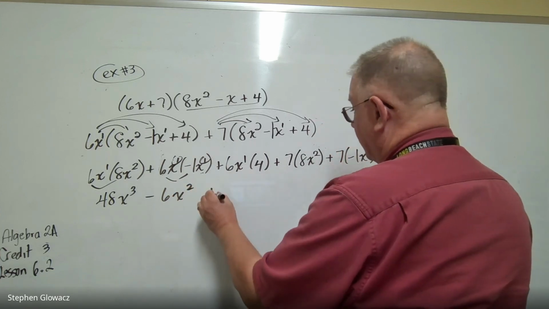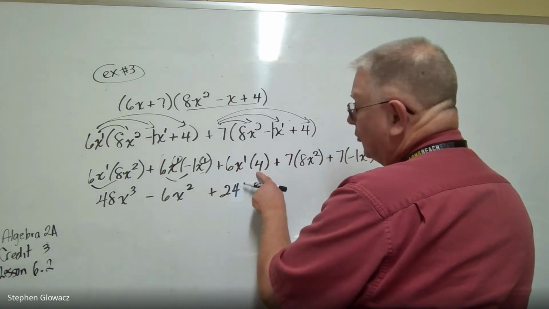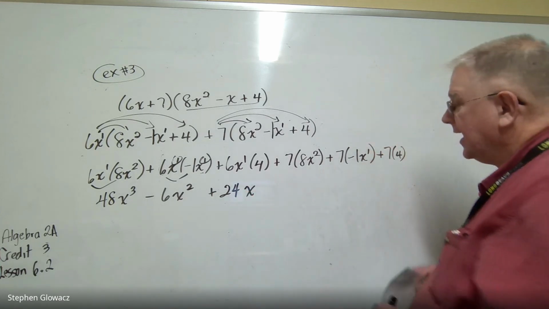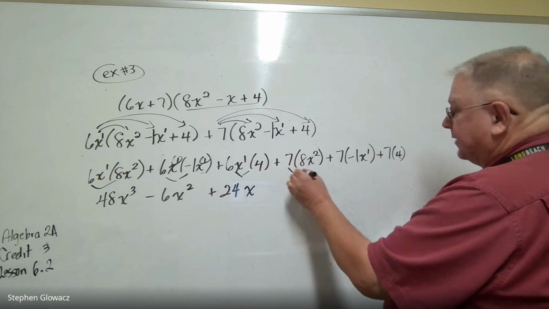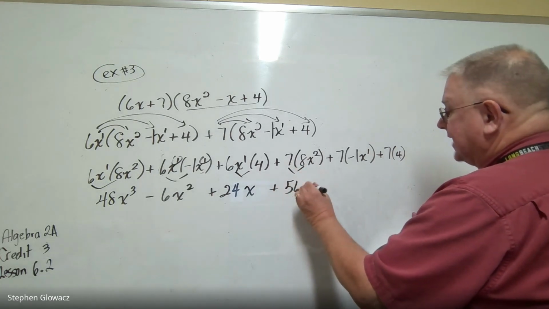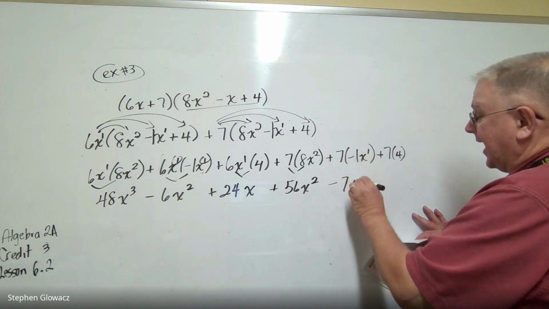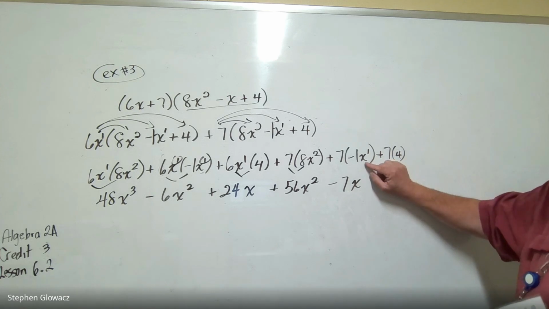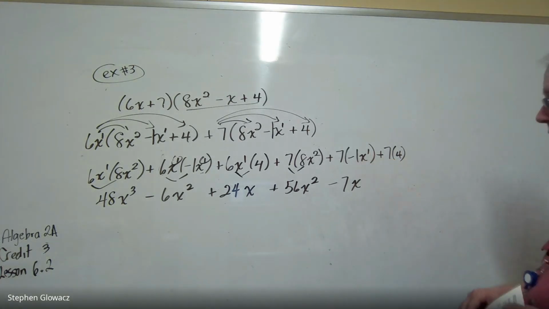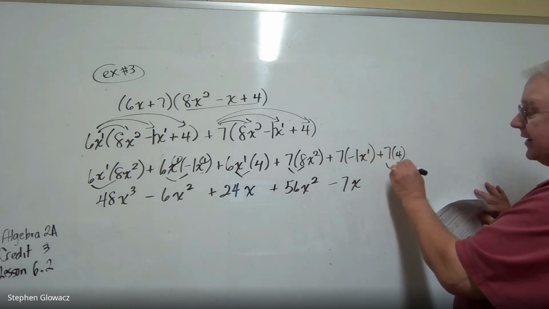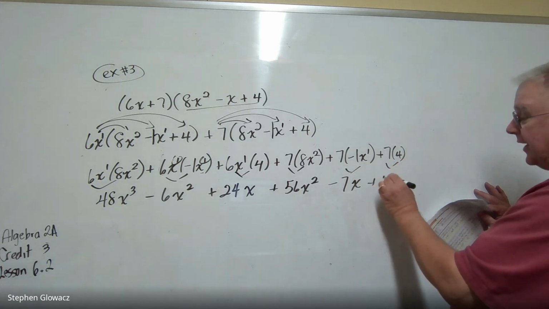Next, 6 times 4 is 24, and we're multiplying by a constant here, so all we have to do is bring down the x. Next, we have 7 times 8 is 56, x squared. Next, 7 times 1 is negative 7x. And again, once we've done the multiplying, we really don't need the 1s anymore, so we don't really need to write the exponent of 1. And finally, 7 times 4 here is 28.